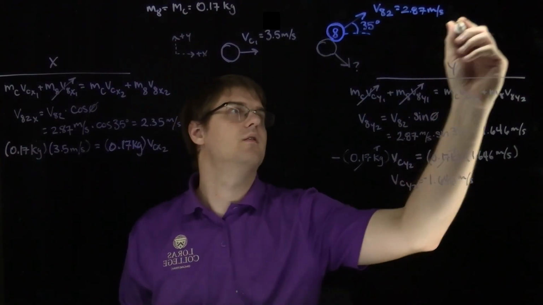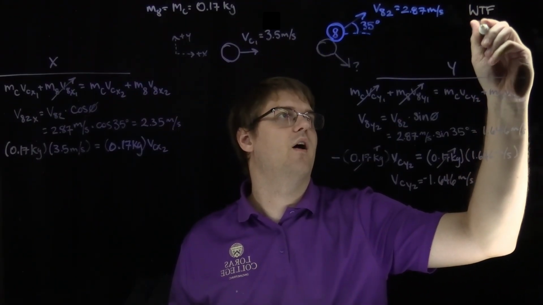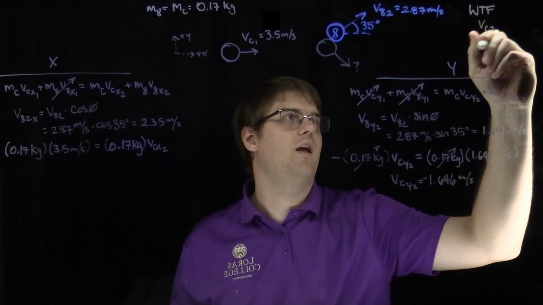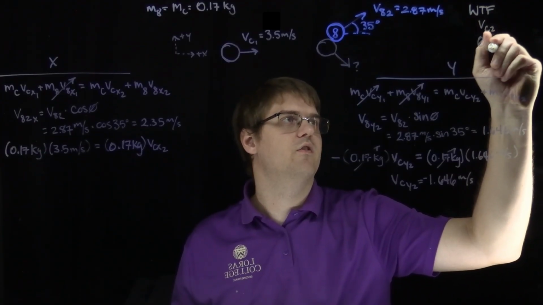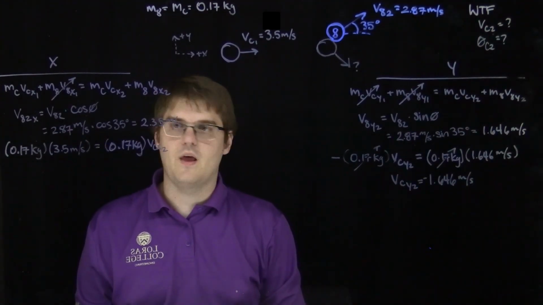Probably should say somewhere what I want to find is my velocity of the cue ball at 2 and the angle of the cue ball at 2. So that's up there.